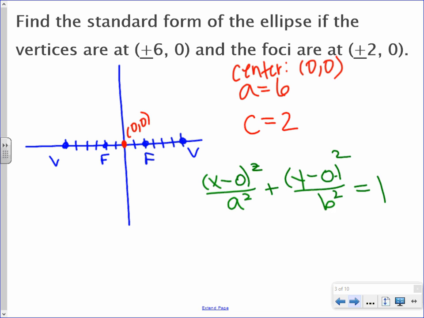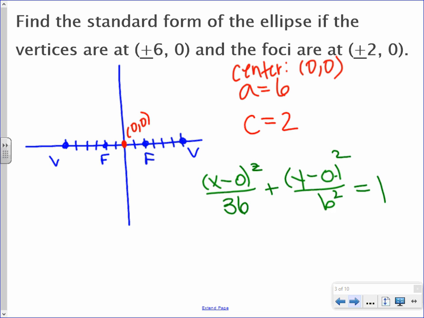And we know that A is 6. Now we have the information about C. C is 2, but C is not very helpful right now for writing our equation. Or is it, Hannah? I'll let you continue with what you were trying to say earlier.